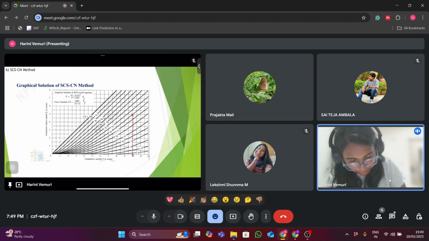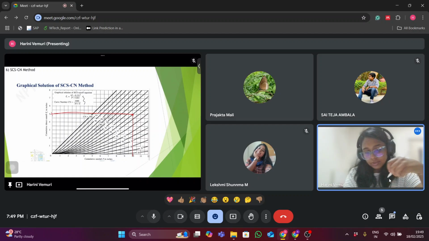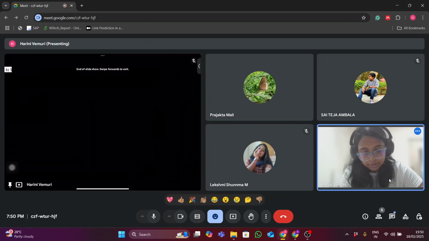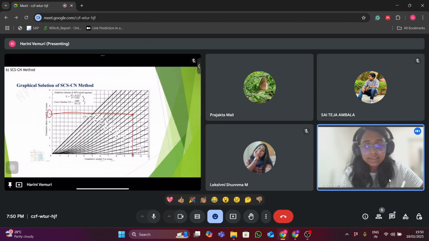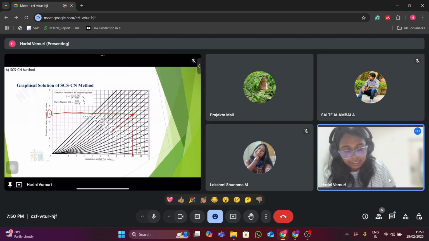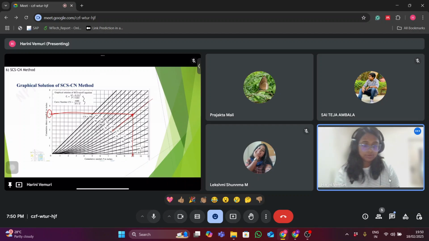Then directly from the graph we can get the cumulative direct runoff value, which is here 5 inches. The x-axis is the cumulative rainfall value, which we have considered as 10 inches, and the different curves represent different CN values. For CN value 60, this is the curve we should consider. We draw a vertical line, check where it intersects, and then draw a horizontal line to get the cumulative direct runoff value.